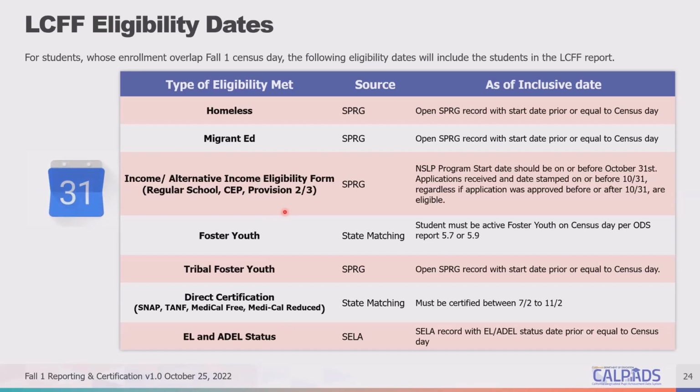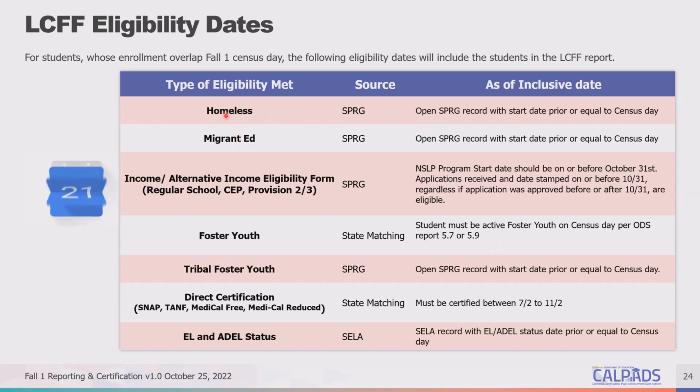So as Nate mentioned, our cutoff point is census day, right? So the majority of these records are included as long as the student is actively enrolled on or before census day and has any of these program records with a start date prior to or equal to census.